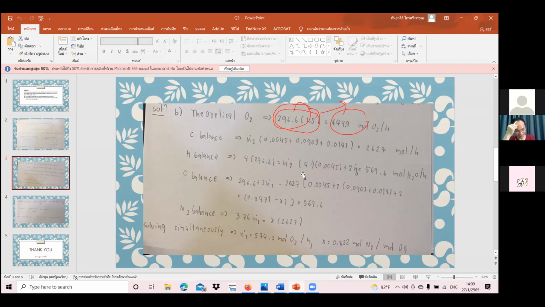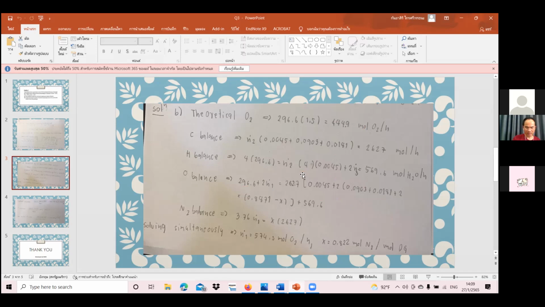Do you understand what you do? I ask why you calculate this term and why it equals the mole oxygen per hour. And also why the C balance is equal to this equation, the H balance equal to this equation, and the oxygen balance equal to this equation.